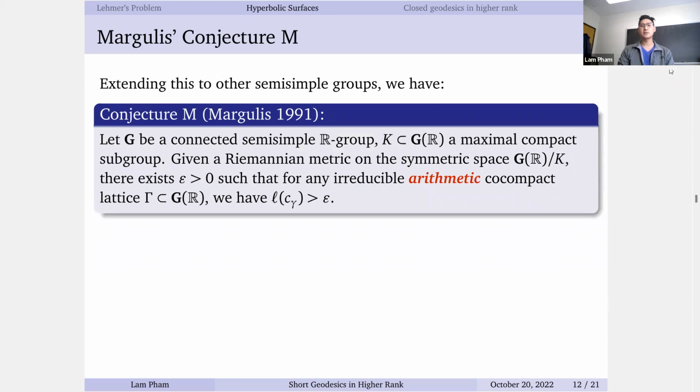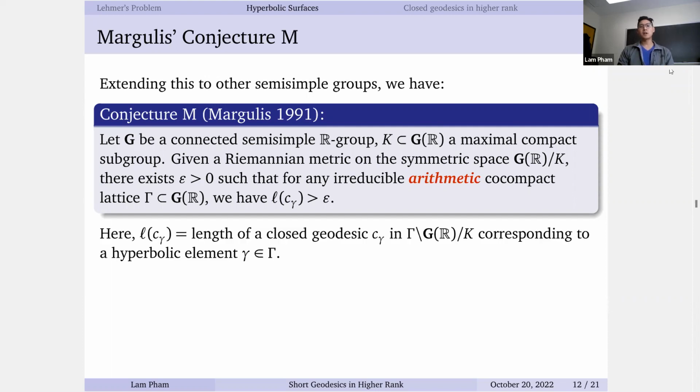So let me just rephrase this in terms of geodesics. You take a semi-simple real group, a maximal compact subgroup, and you fix your Riemannian metric on the symmetric space, G mod K. And then you take all the possible arithmetic compact lattices for this fixed metric, and there should be a uniform lower bound for the closed geodesics of every hyperbolic element.